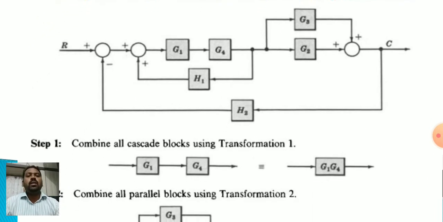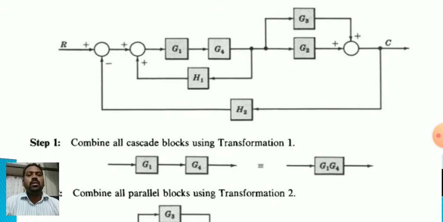So here the first step is combine all the cascade blocks using transformation 1. Cascade means the blocks in series. Here the blocks with transfer functions G1 and G4 are both in series. You can combine the blocks according to rule number 1 of block diagram algebra that we have discussed in the previous session, that is session number 1.